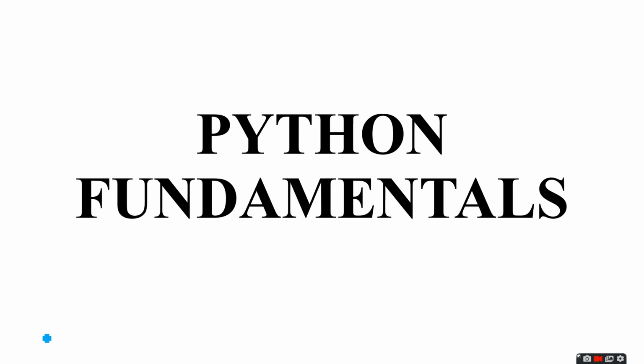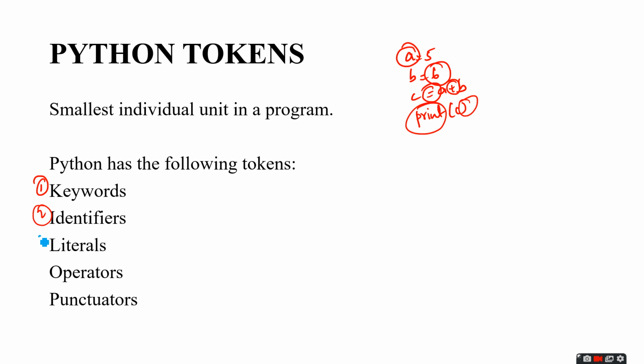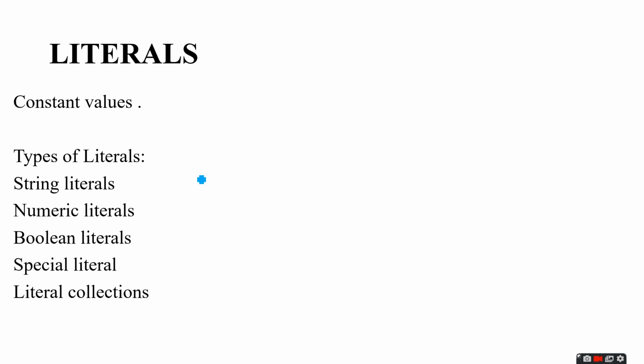Dear students, in this video, we are discussing the third type of token, that is the literals. Literals means constant values. If you are writing A equal to 5, B equal to hello, C equal to 20.5, here 5, hello, 20.5 are the values.